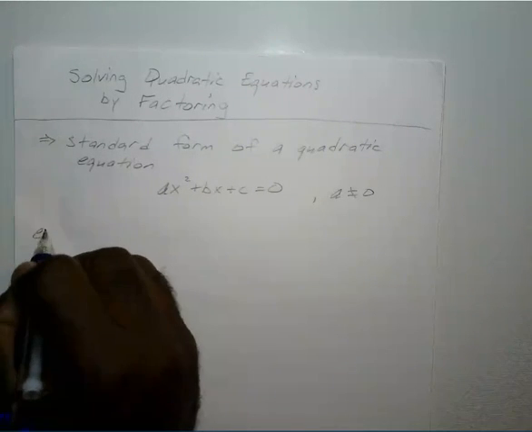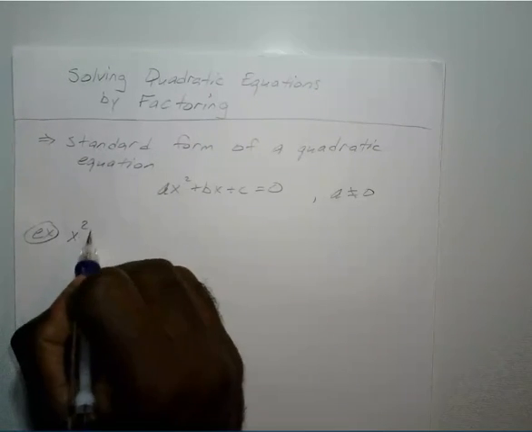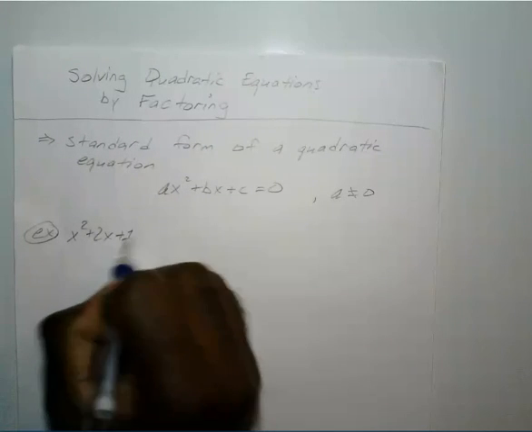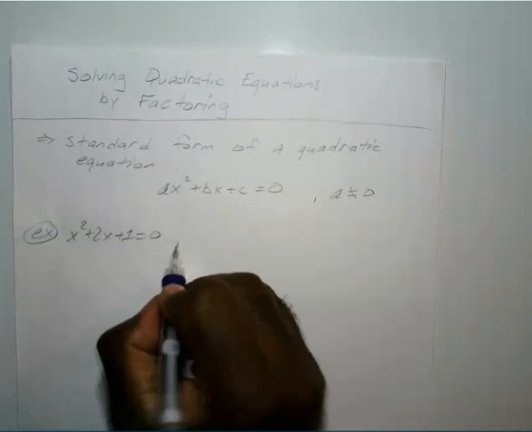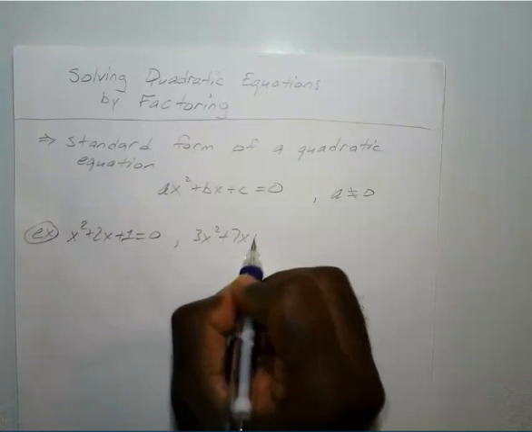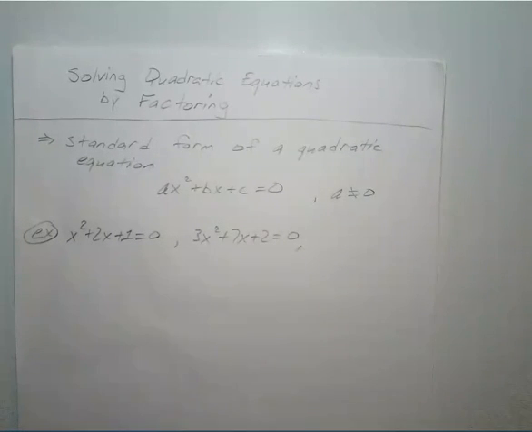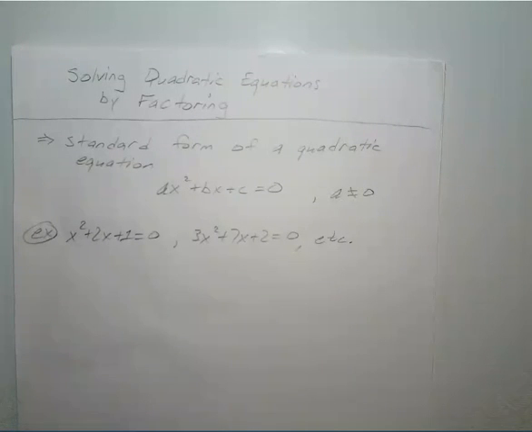For example, x squared plus 2x plus 1 equals 0. That's a quadratic equation. 3x squared plus 7x plus 2 equals 0. That's a quadratic equation, and so on.